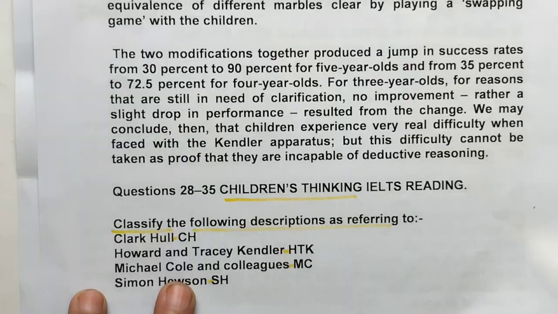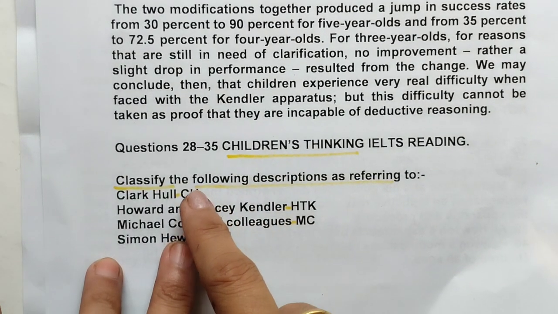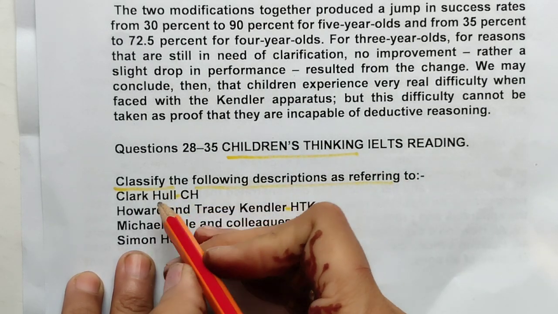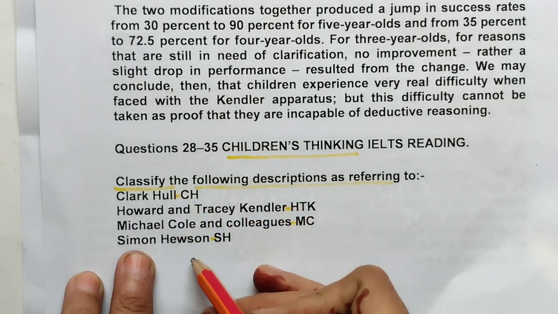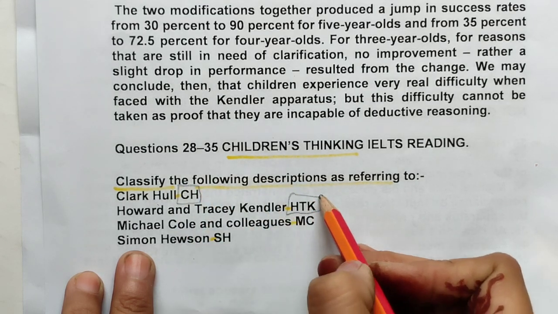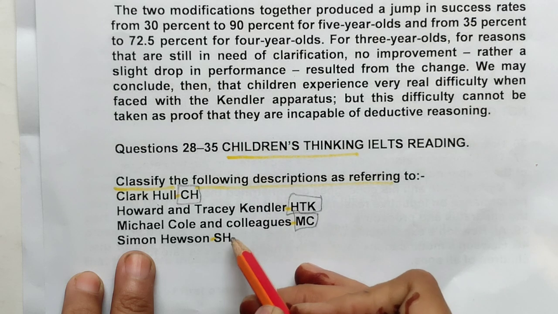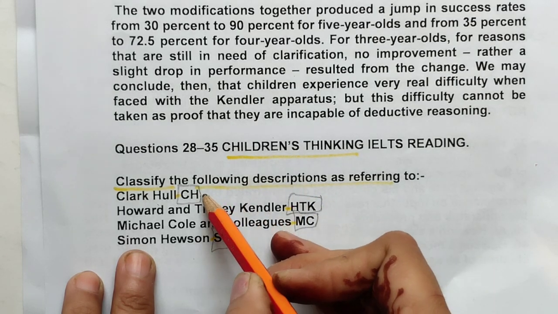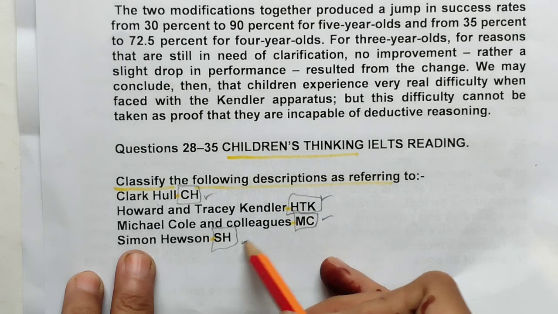You can see this. So first type of question: classify the following descriptions as referring to Clark Hull. So these are the person's names and they have given their short names in capital letters. See this: H, T, K, M, C and SH. Okay, so in the answer sheet we need to put these shortcuts.